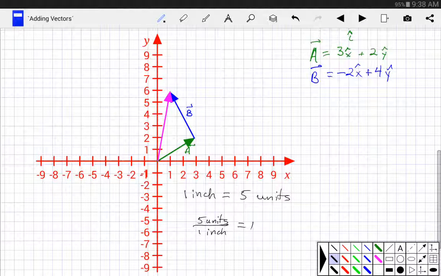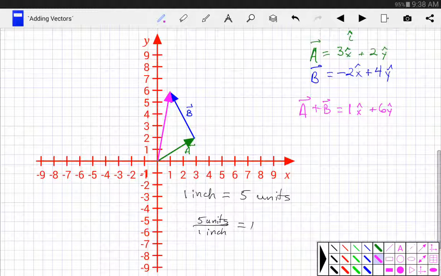And that box showed us that our resultant was A vector plus B vector equals 1 x hat, that is 1 over, going from here to here, plus 6 y hat.